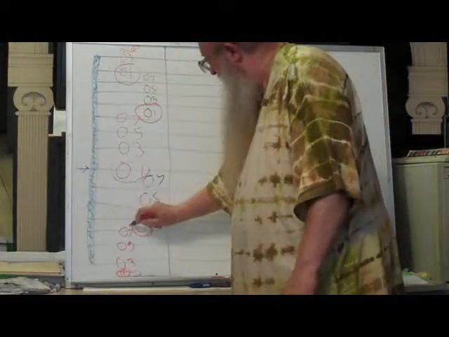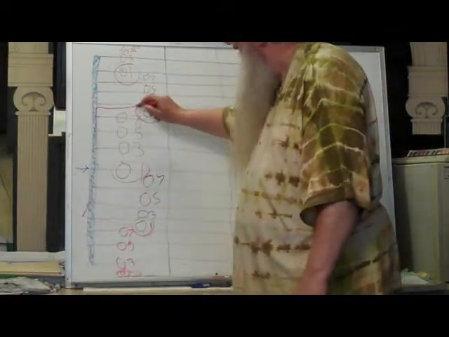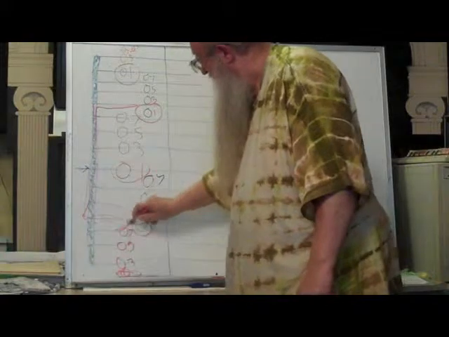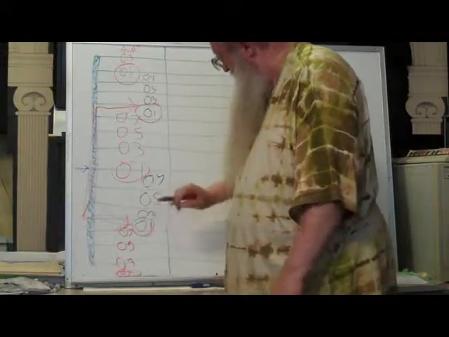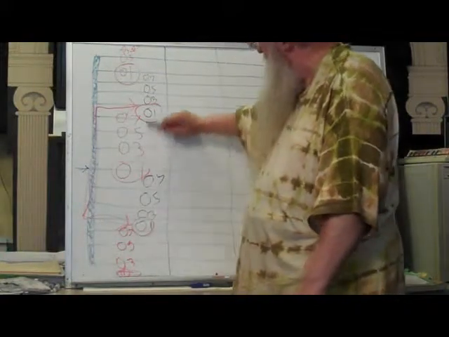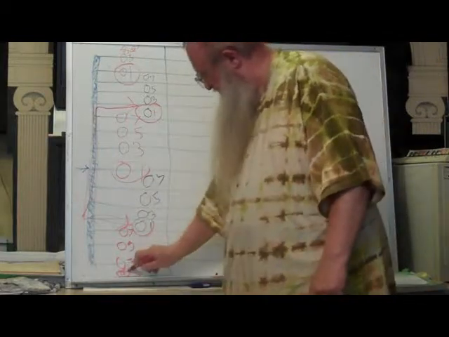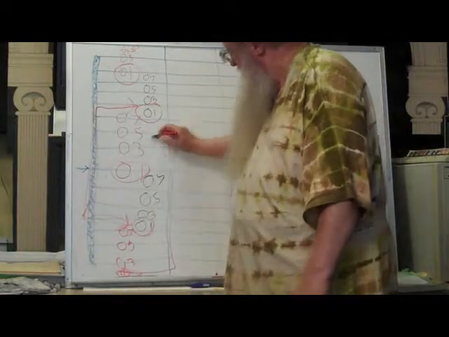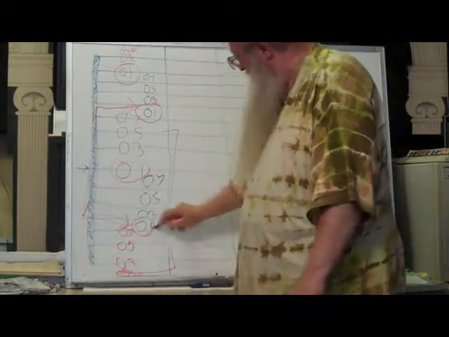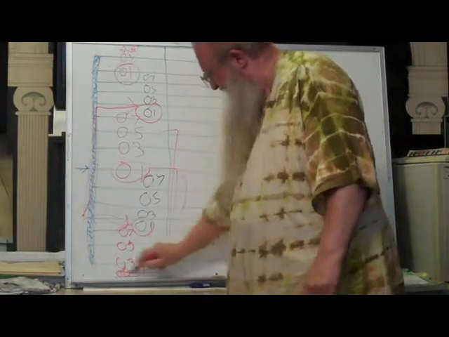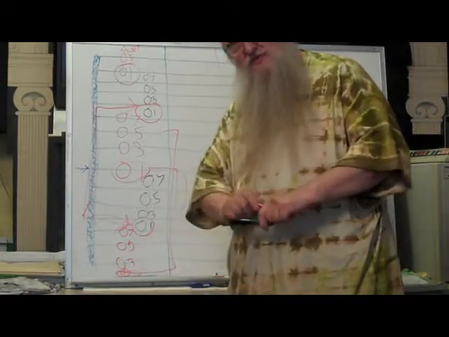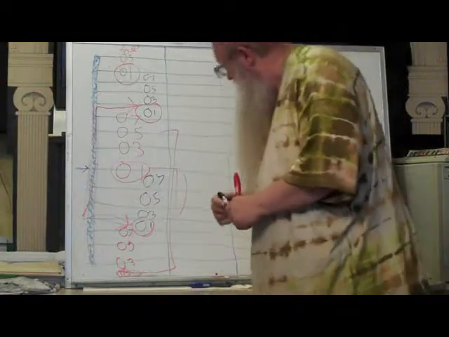So it actually takes 2 octaves here for the number 1 to go from here, a space, to a line, back to a space again, or 2 octaves here to go from a line to a space, back to a line again.